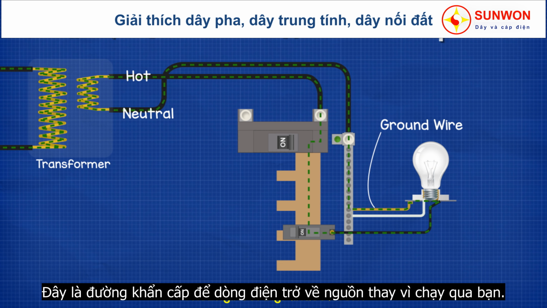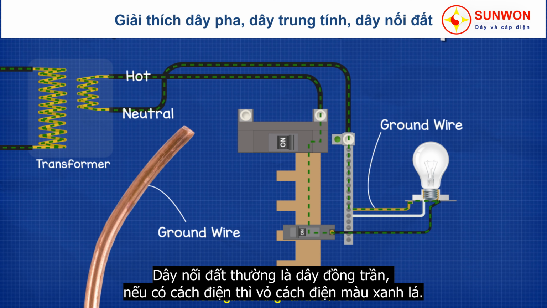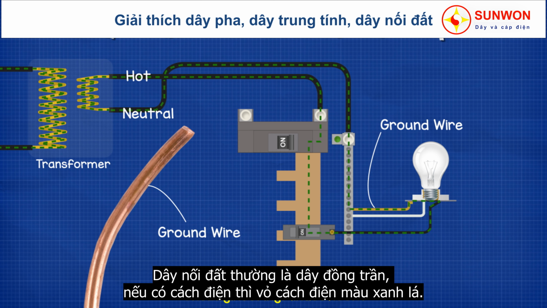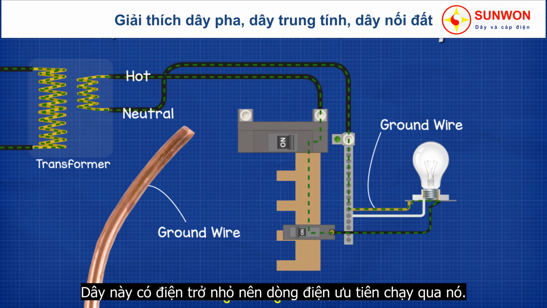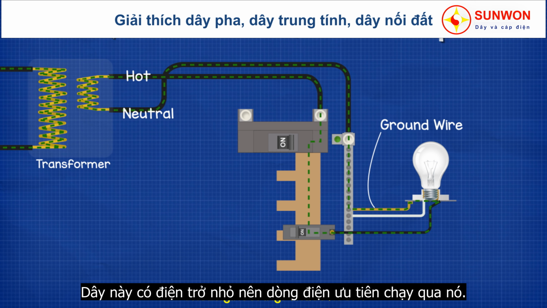It's just there for an emergency path for the electricity to get back to the power source instead of it passing through you. The ground wire in most cases is a bare copper wire. It's uninsulated, but in some cases it is covered with a green insulation.